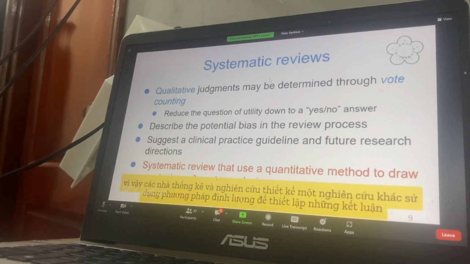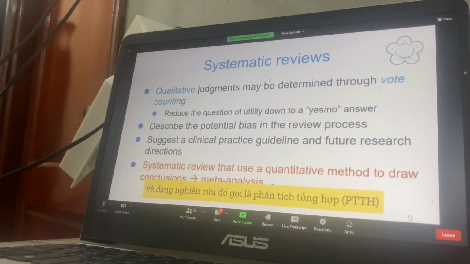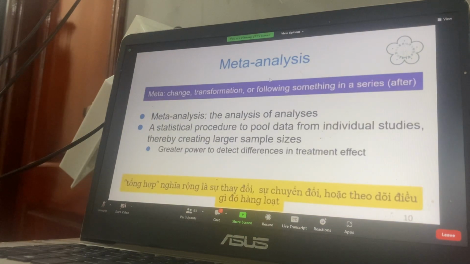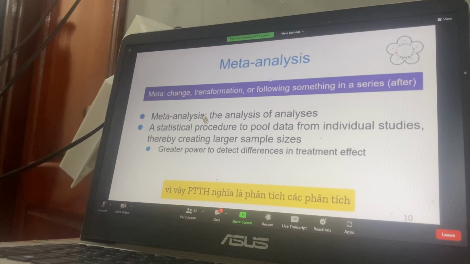So statisticians and researchers have designed another kind of study that uses a quantitative method to draw conclusions, and that kind of study is called meta-analysis. Meta in Greek means change, transformation, or following something in a series. So meta-analysis is basically the analysis of analysis.